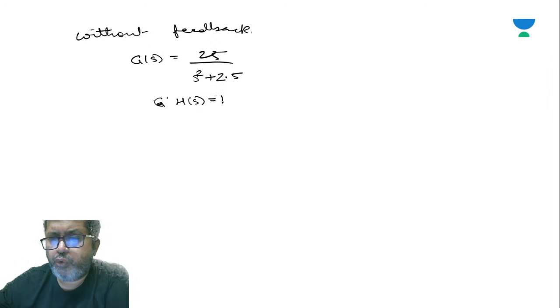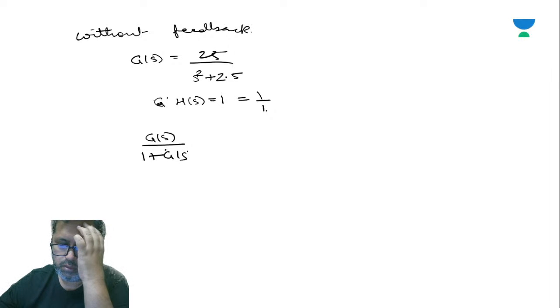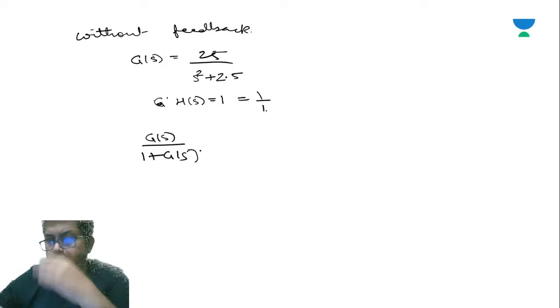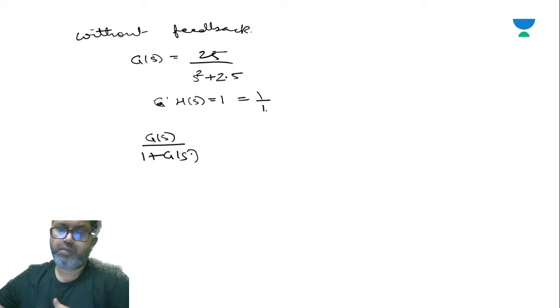HS is equal to unity feedback. This is equal to 1 upon 1. For unity feedback system, overall transfer function is GS upon 1 plus GS HS.